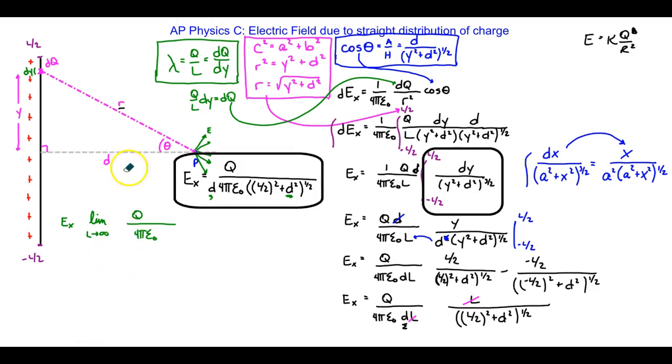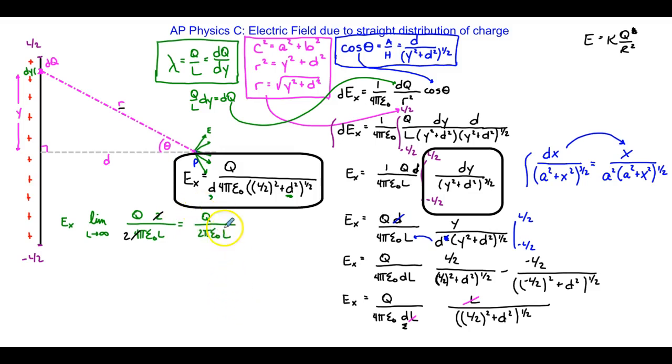I get q over 4 pi epsilon naught, and then I get just simply L over 2 squared. That gives me an L here and a 2 in the numerator, right? L over 2, but I'm already in the denominator. Now I can reduce the 2 and the 4, and my next step looks like this. I basically get q over 2 pi epsilon naught L.